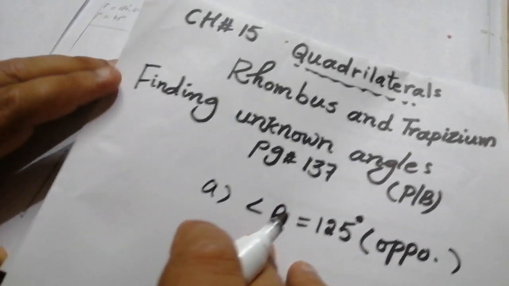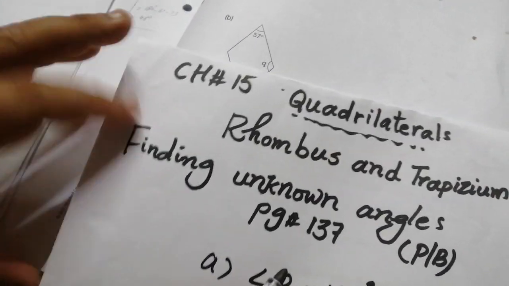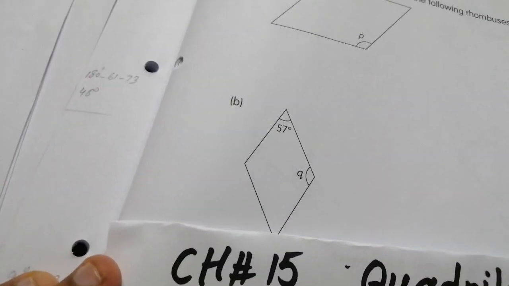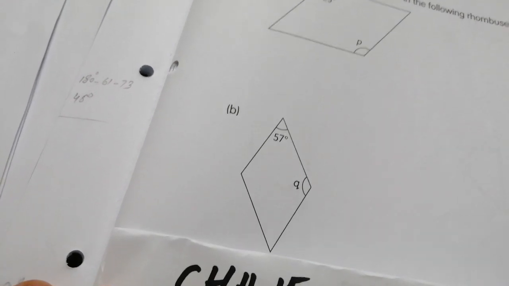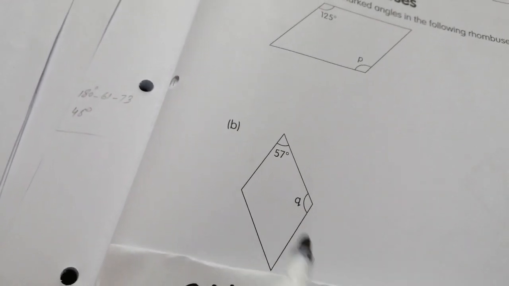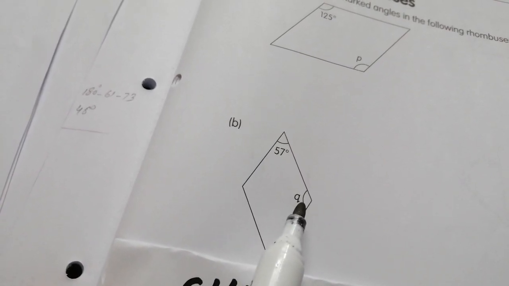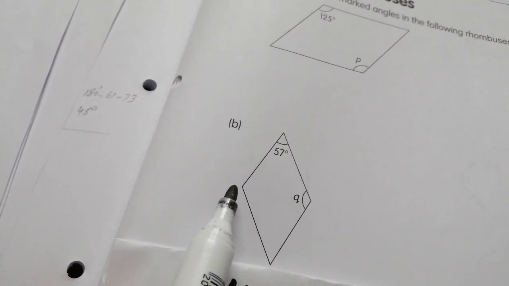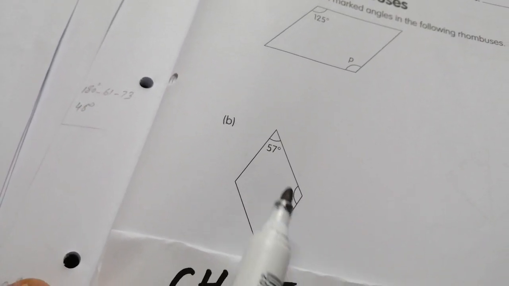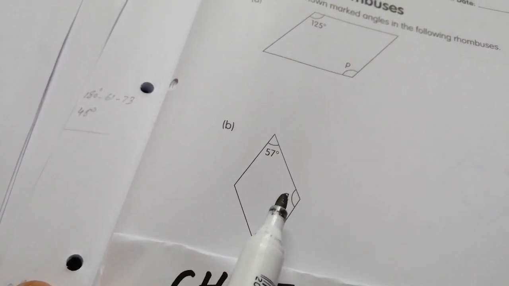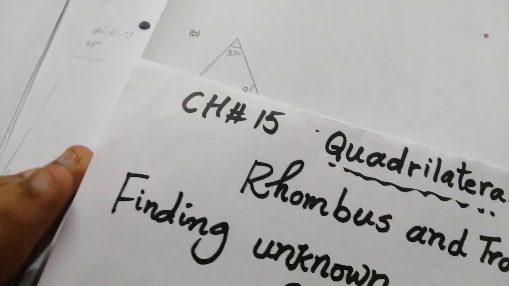So let's have a look at question 1 part B. This question is a little different compared to the previous question. We're going to find Q here, but there's no opposite angle given. This angle is given on a straight line, on the same line, right? The sum of angles on a straight line is always equal to 180 degrees. So how can we find angle Q?